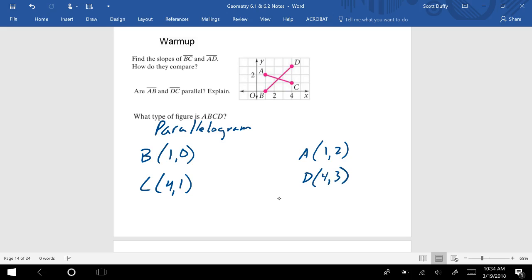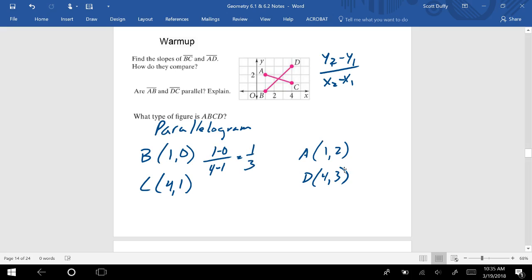So we know slope is y2 minus y1 over x2 minus x1. So I'm going to take the second y, which is 1, minus the first y, 0, over the second x minus the first x, 4 minus 1, equals 1 over 3.